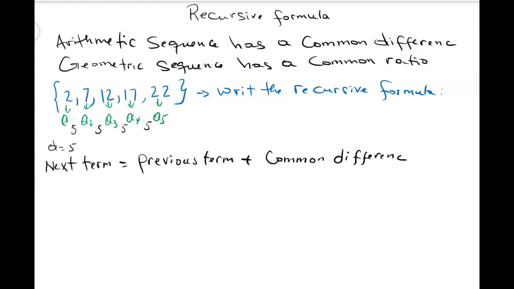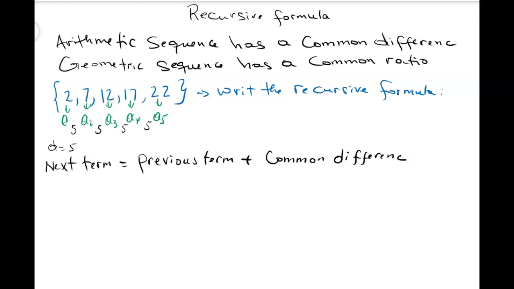7 plus 5 equals 12. 12 plus 5 equals 17. Okay, so to find the next term, you have to get the previous term, the term before it, and then you add the common difference. So what does that mean?